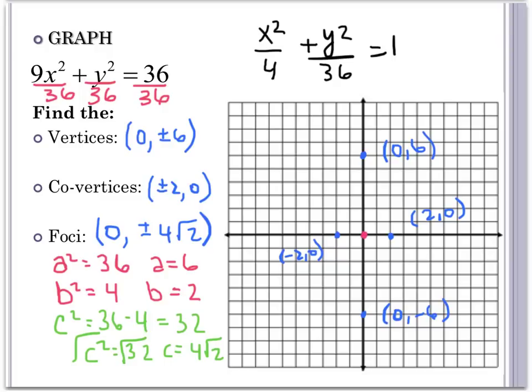Let's go ahead and graph our foci. Square root of 32, which is 4 radical 2, is approximately 5.7. So going up 5.7. Be right about there. Down 5.7.